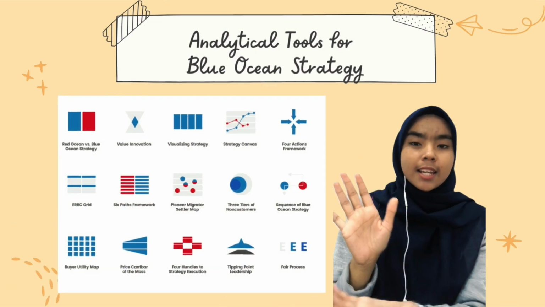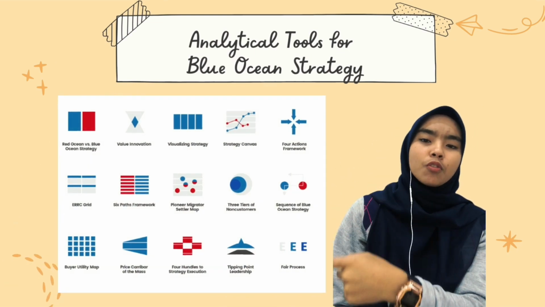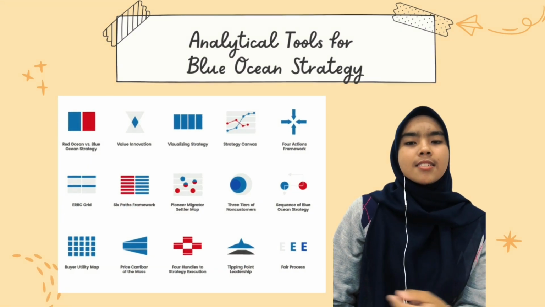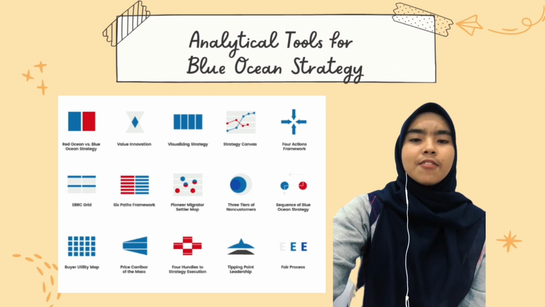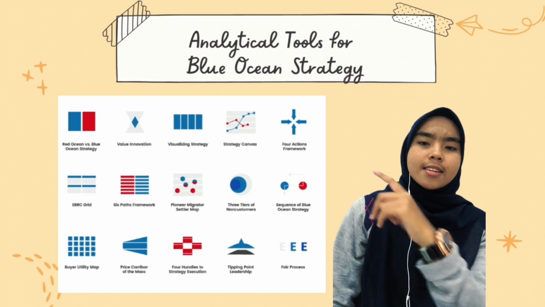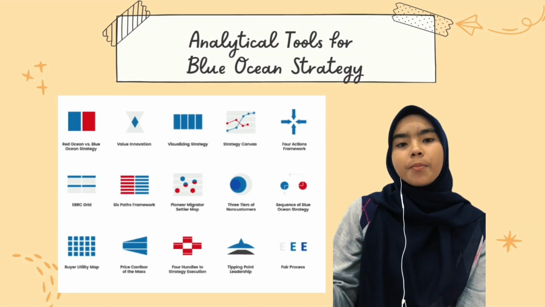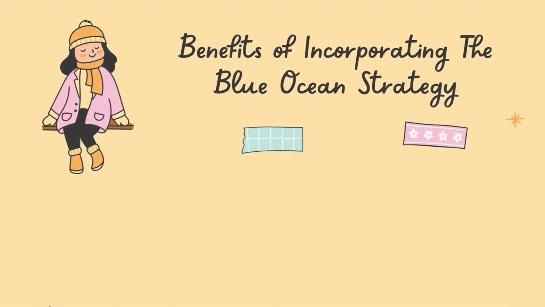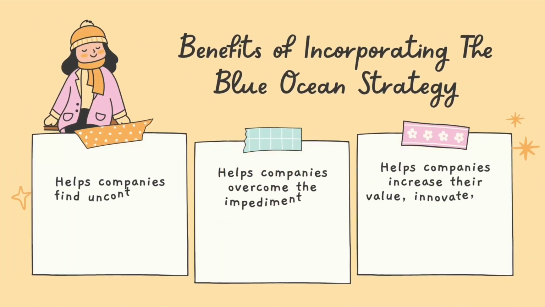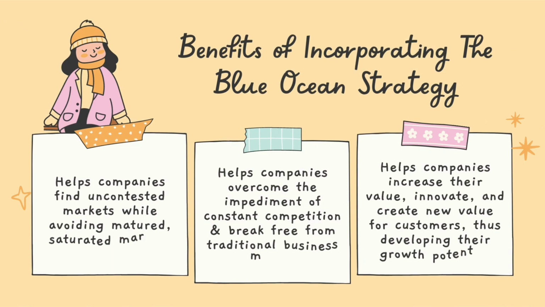In this slide, it shows the analytical tools for the Blue Ocean Strategy, such as Red Ocean Strategy versus Blue Ocean Strategy, Value Innovation, ERRC grid, Tipping Point Leadership, and so on. The benefits of incorporating the Blue Ocean Strategy: it helps companies find uncontested markets while avoiding mature, saturated markets.